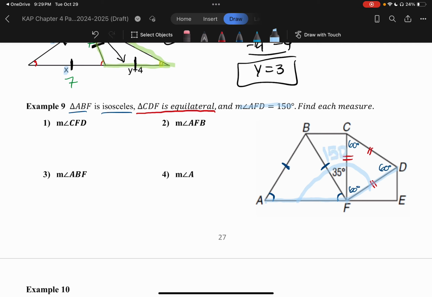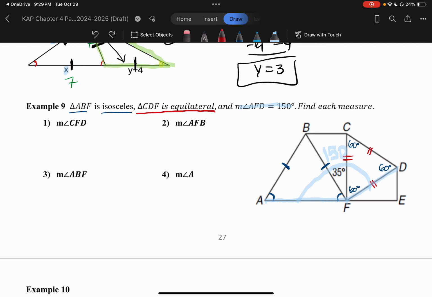So it's 150 from there to there, okay? And we're asked to find each missing angle here. What I'm going to do here is just go ham on the picture. If I look at the 150 here, I see that the 150 is composed of these three angles, right? So those three angles, when I add them up, must add up to 150.